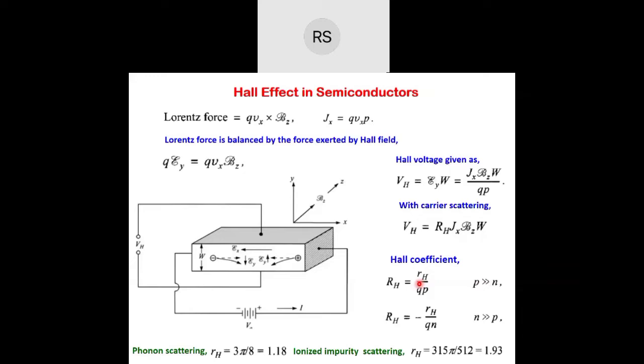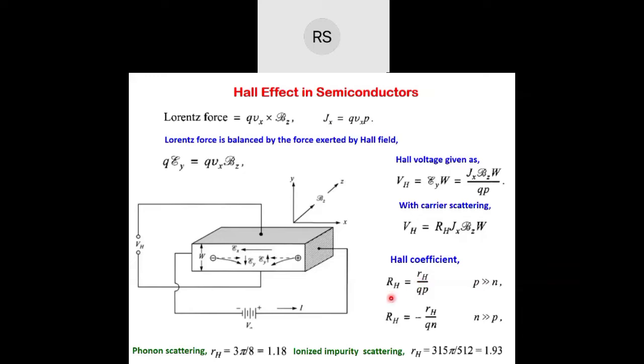So you know the resistivity, you know the carrier concentration, so you can calculate the mobility also. So if you do resistivity and Hall measurements in semiconductors, you can find out three very important parameters of a semiconductor material. One is resistivity, second is the carrier concentration, and you can also distinguish the type of carriers, n-type or p-type, and the third is the mobility of the carriers.